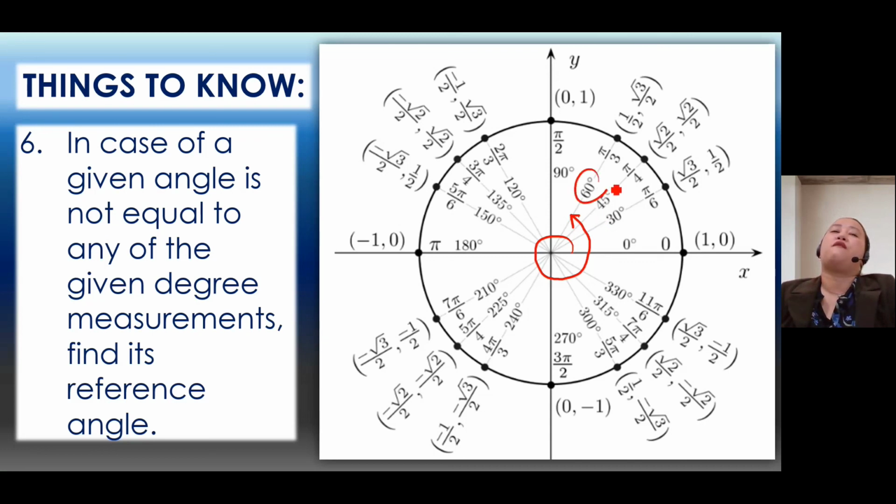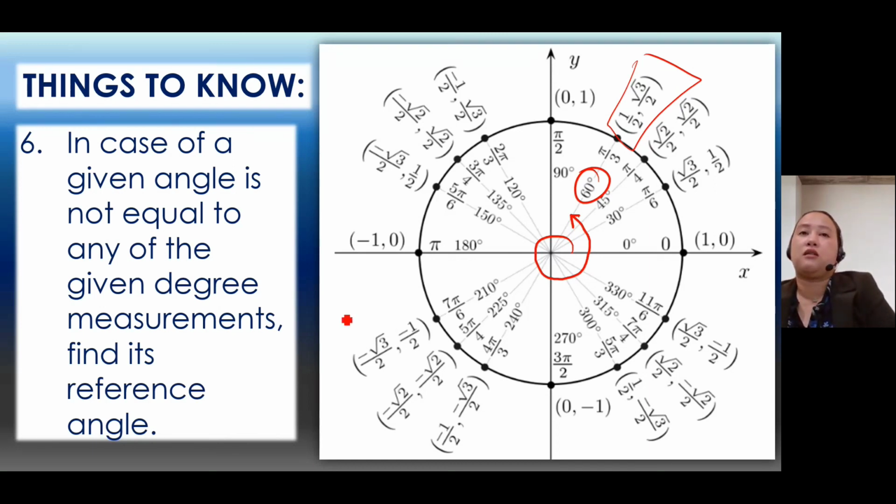So you can make use of this reference angle, the 60 degrees, and then consider the coordinates. For example, sine of 420 is equivalent to the square root of 3 over 2. Since this is sine, we need the y, the ordinate. That is square root of 3 over 2. In your calculator, you can try to check it.